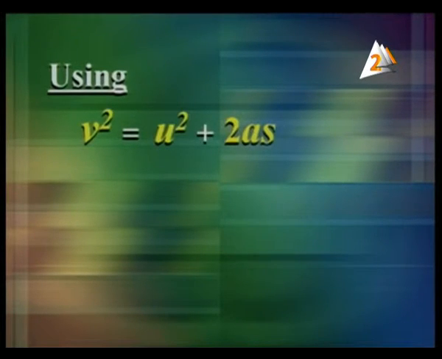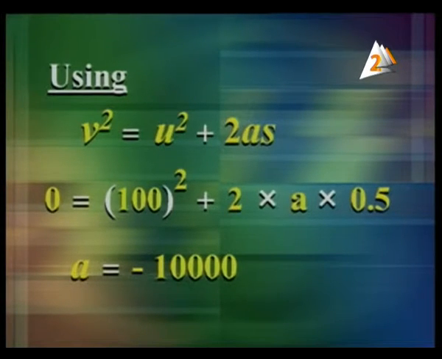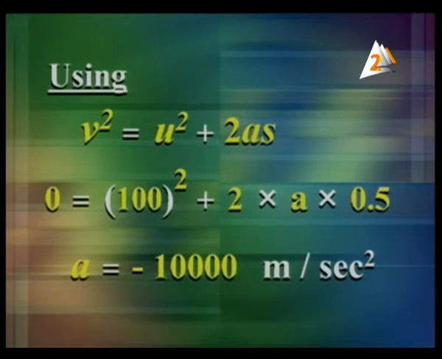Using the rule v squared equals u squared plus 2as, therefore 0 equals 100 squared plus 2a times s, which is half. So by calculation we get a equals negative 10,000 meters per second squared.